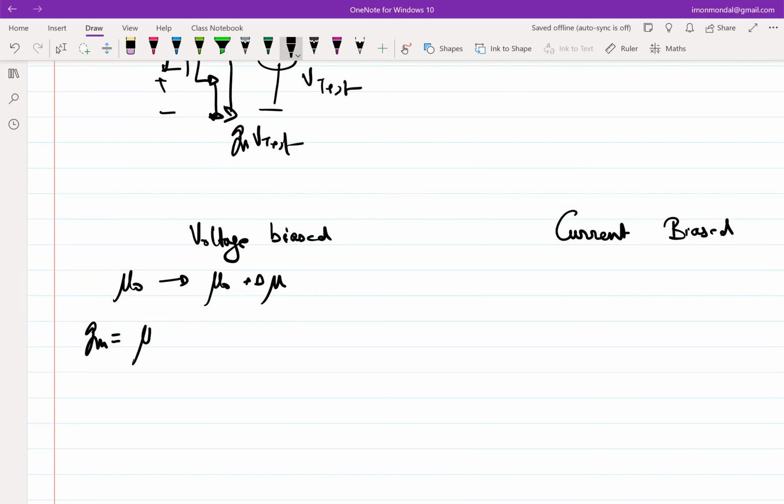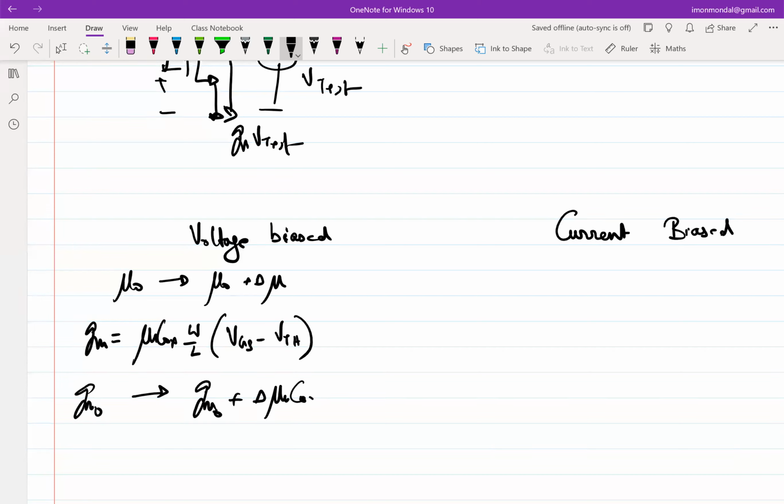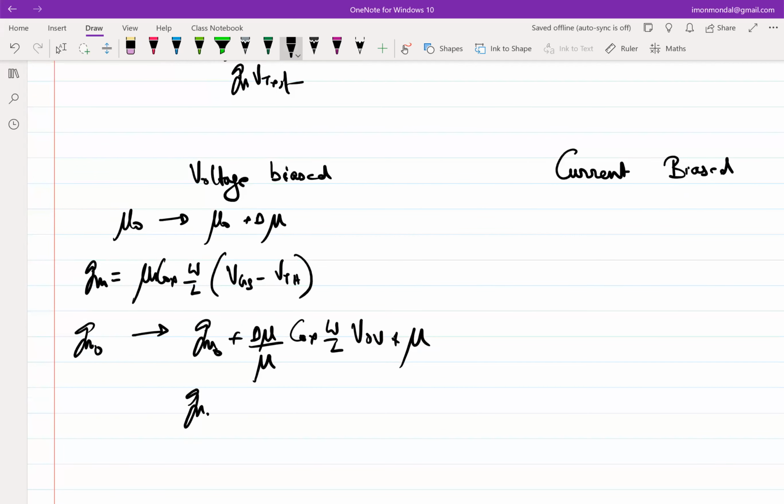GM changes from GM naught to GM naught plus delta mu times Cox times W by L times the overdrive. You can express this as delta mu by mu times GM. So this is GM naught plus GM times delta mu by mu.